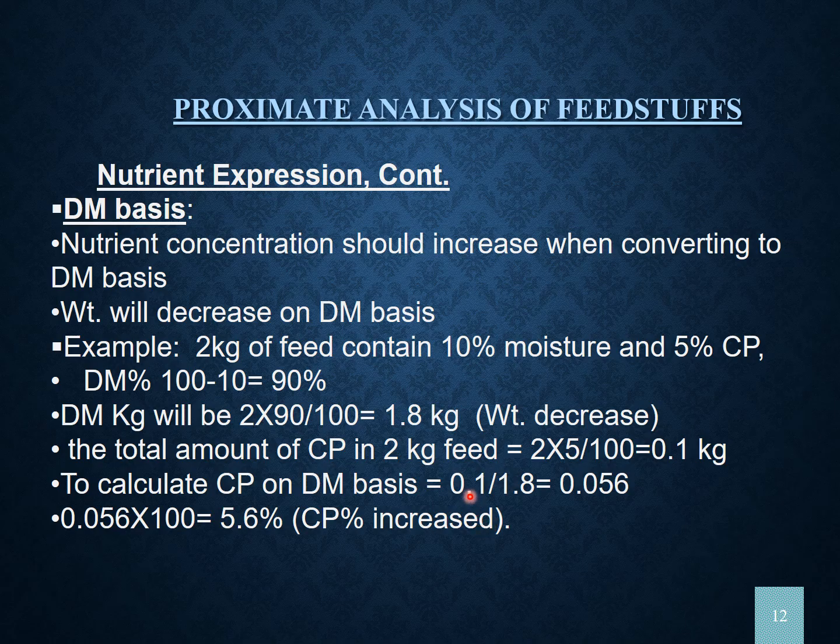So 0.1 kilogram divided by the dry matter in kilograms will give 0.056. We multiply this value by 100 to give 5.6%.